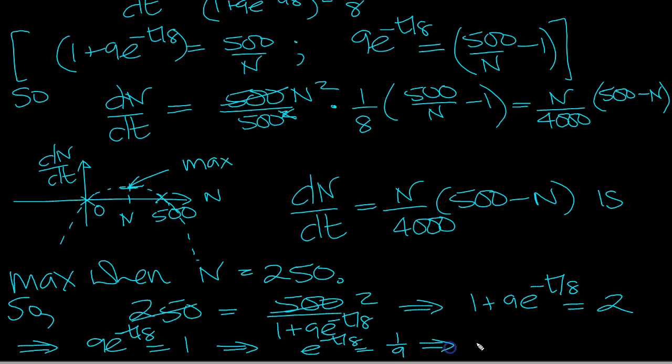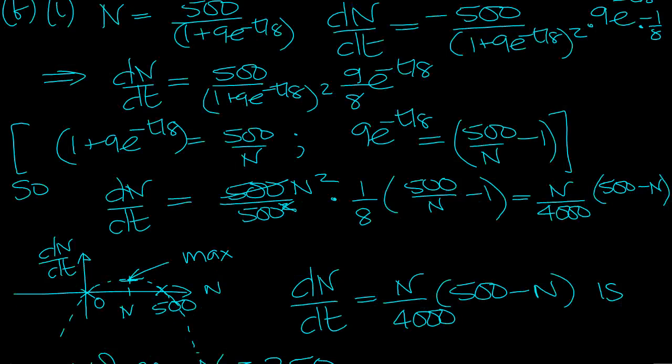And take logs. Minus t over 8 is equal to ln. So move the e down to be the base of 1/9. And then t, let's have a look at this. Move the minus over, ln 9, and move the 8 up, 8 log 9.